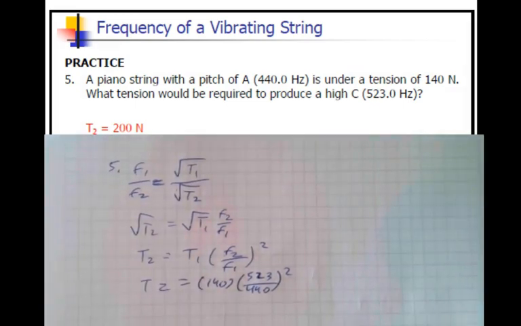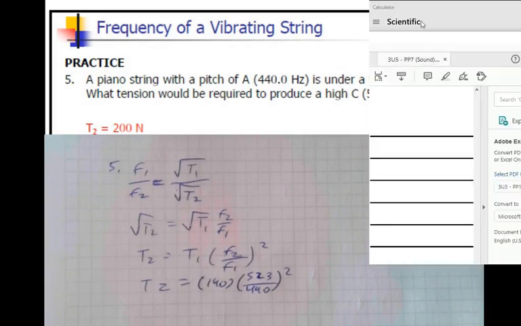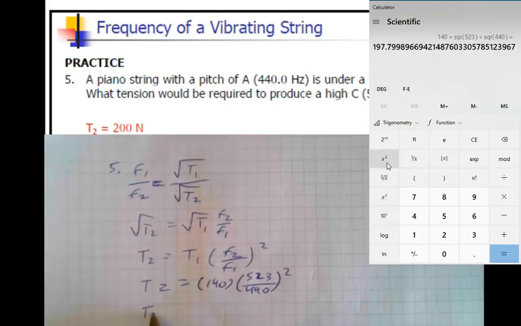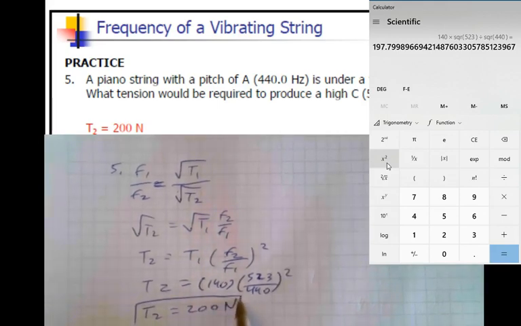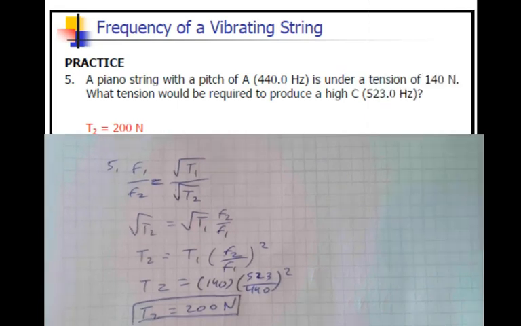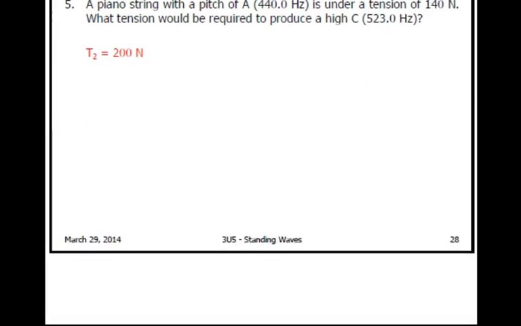And let's turn my calculator on. We have 140 times 523 squared divided by 440 squared equals, that's going to round to 200 newtons. Okay, let's work on the next problem.